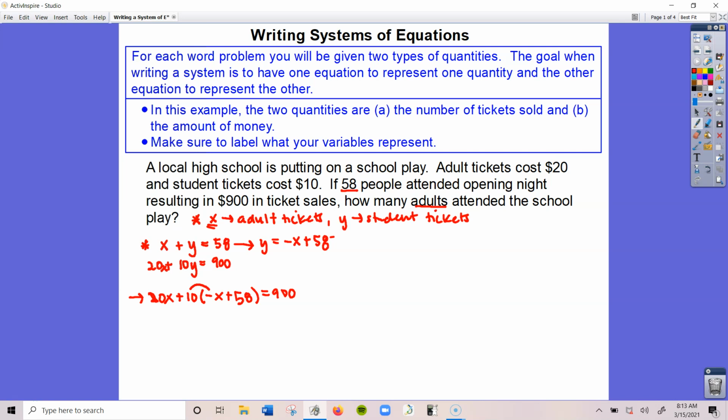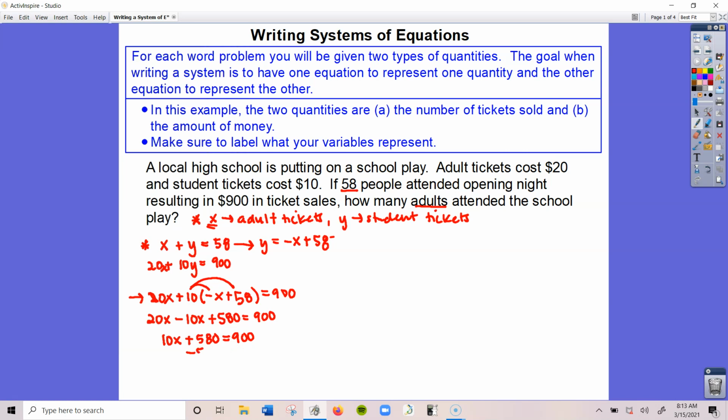We would distribute the 10, so 20x minus 10x plus 580 is equal to 900. We can combine the x's. 20x minus 10x is 10x plus 580 is equal to 900.